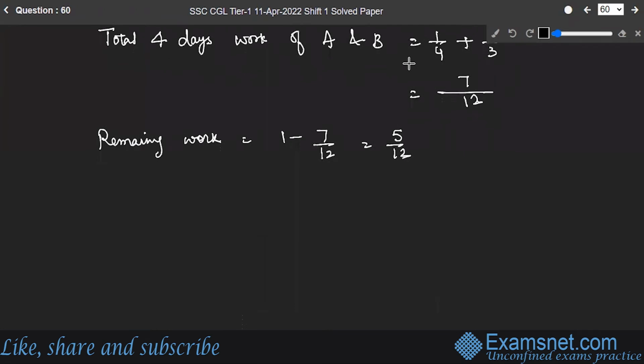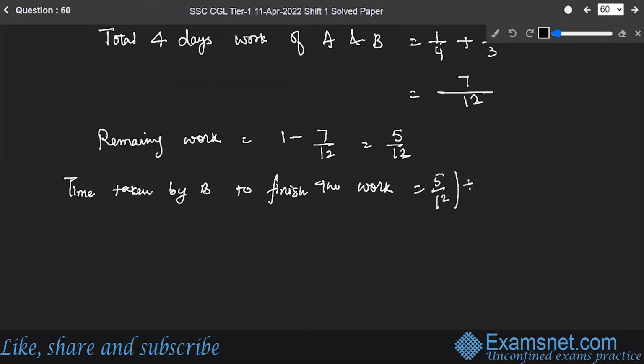So now you have to find out the time taken by B to finish the work, which is equal to 5 by 12 divided by his 1 day work. So which is equal to 5 days. So total number of days B worked: 4 days initially and 5 days this time.